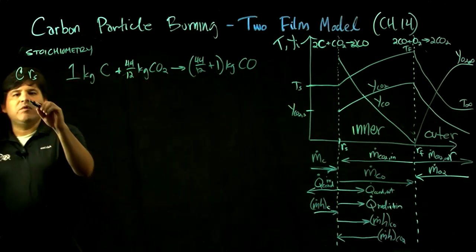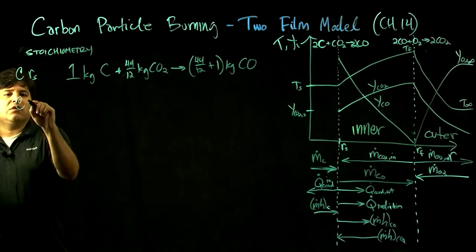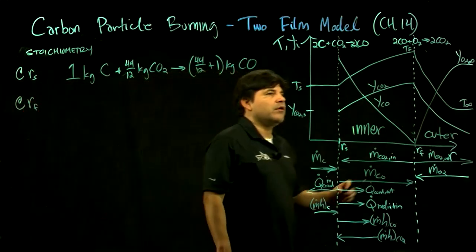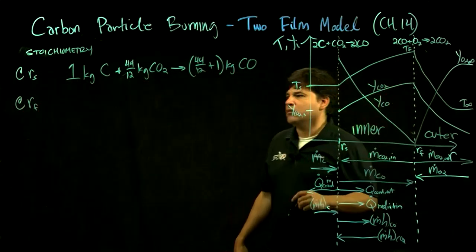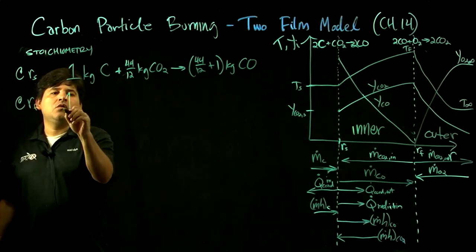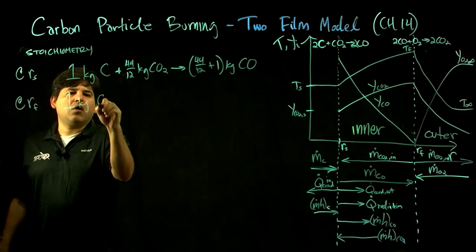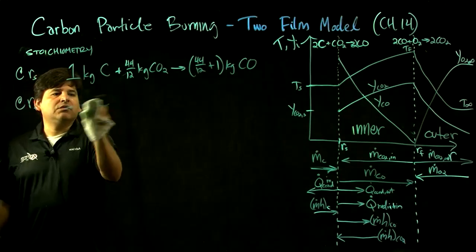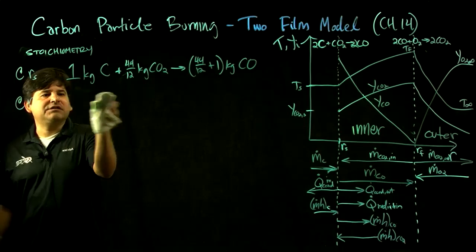Then at the flame, we can also use a reaction. So at the flame, it's going to be burning CO to make CO2. So in terms of that, per 1 kilogram of carbon. So before we do that, we're going to use mass balances.